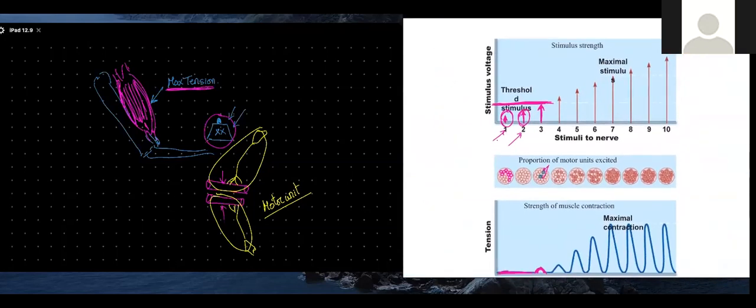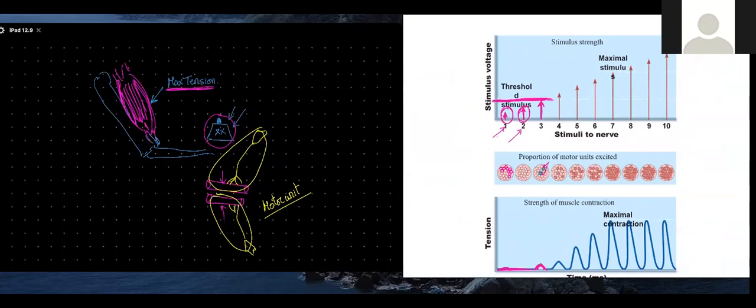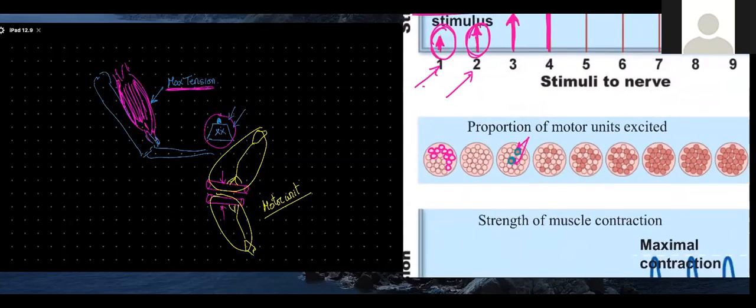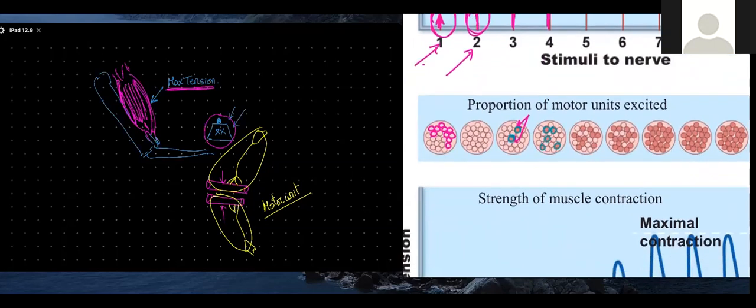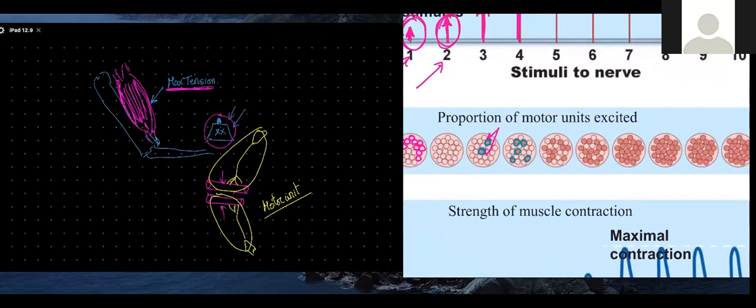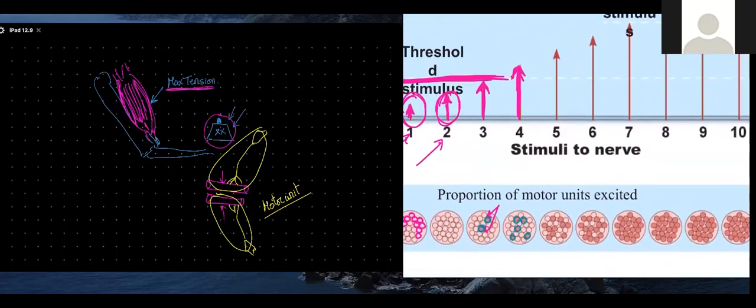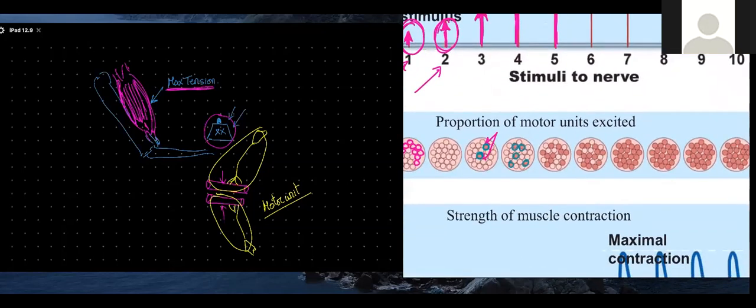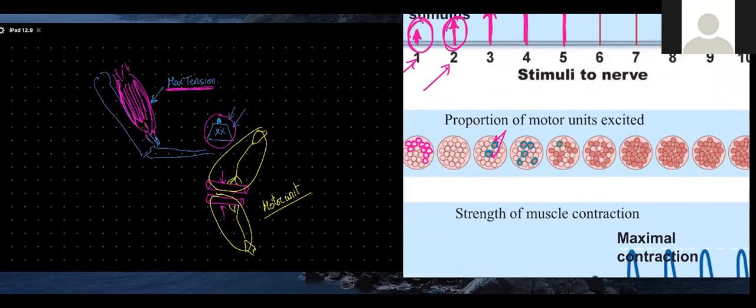What happens if I get a stronger stimulus, stronger than threshold? What's going to happen as a result? More muscle fibers are going to be recruited. And as more muscle fibers are recruited, a stronger muscle contraction will take place. What if I increase the strength of the stimulus again? You recruit more muscle fibers.